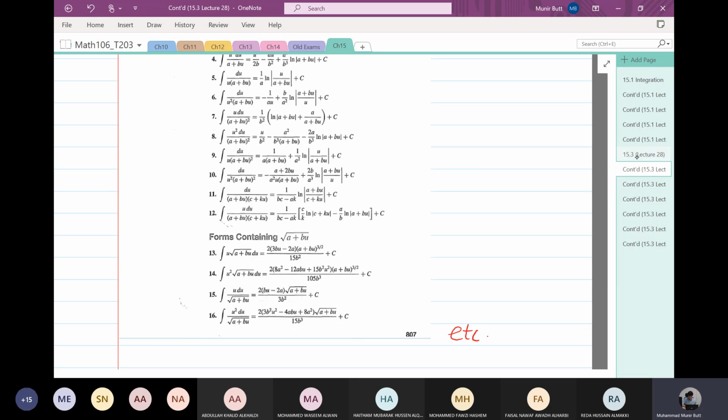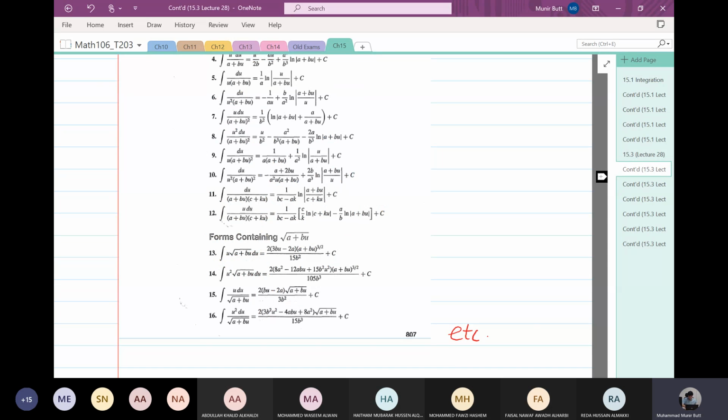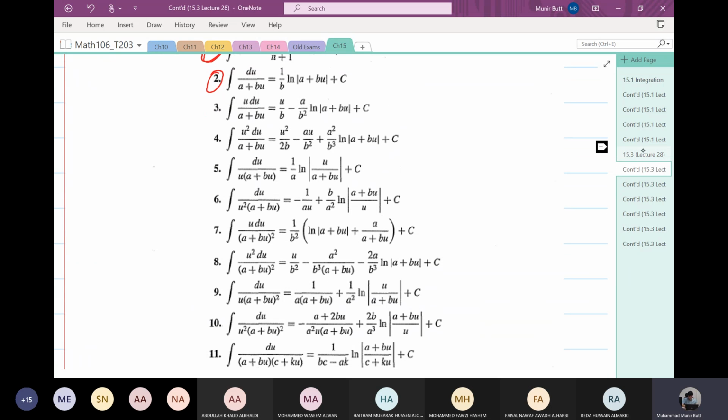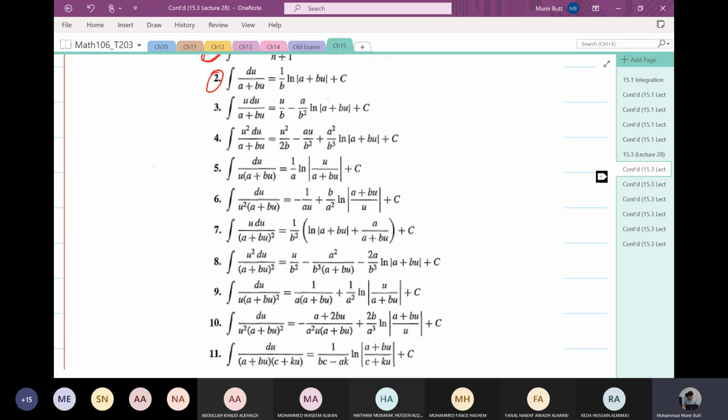So for example, here he suggests that when we have u du over a plus b u to the power 2, it is 1 over b square, whatever is here, and then the ln of this function and plus a over this factor. And if you want to see what is in the formula, let's see which formula is this one. A plus b u square. So I think this is the formula.